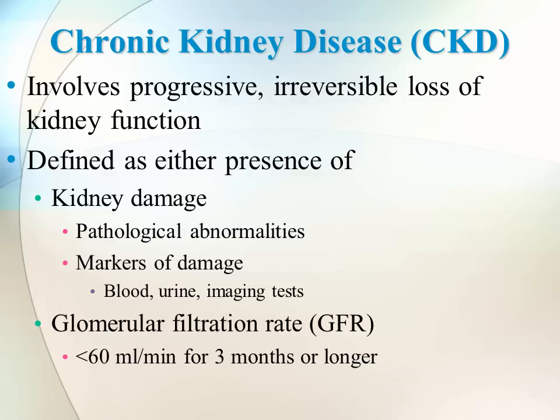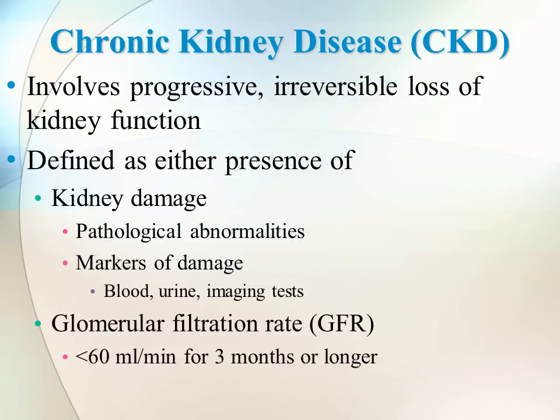Kidney damage. There it is. Glomerular filtration rate less than 60 for 3 months. Markers of damage would be BUN, creatinine, GFR. We talk about the urine tests, which we talked about a little bit earlier.